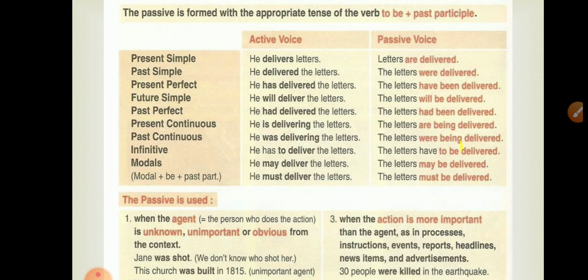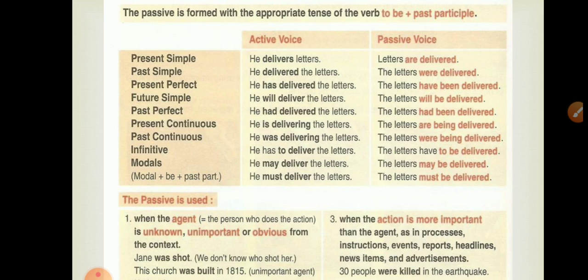The passive is used when the agent, the person who does the action, is unknown, unimportant, or obvious from the context. Fine, that time we do not write the subject. Jane was shot. We do not know who shot her.